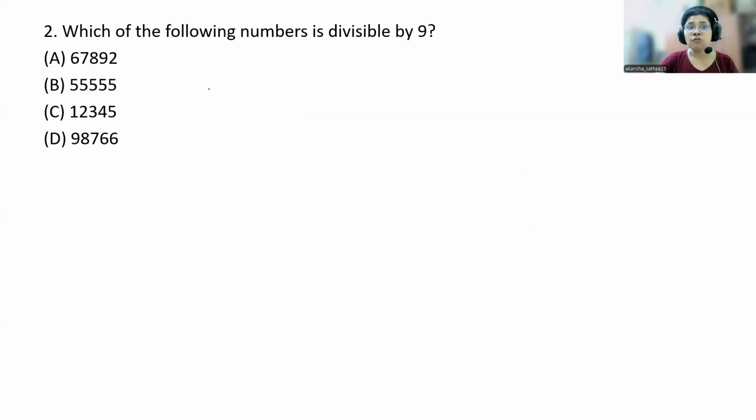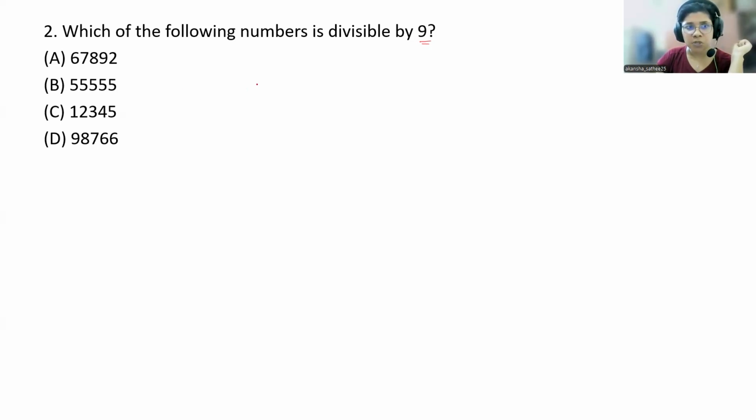Now next is, which of the following numbers is divisible by 9? So again rewind and try to remember what was the rule. When will a number be divisible by 9? If you remember, if the sum of the digits is divisible by 9, that means the whole number is divisible by 9.